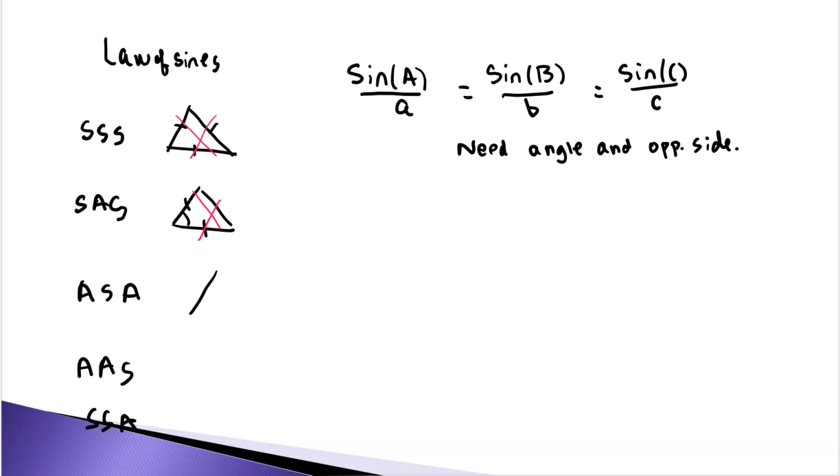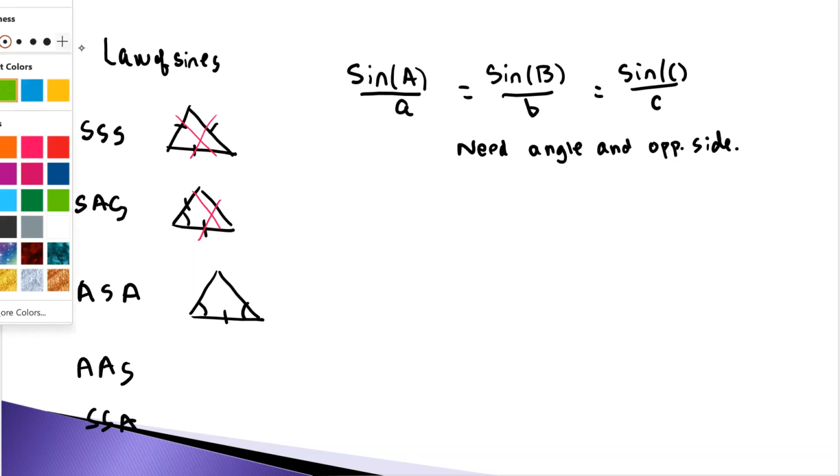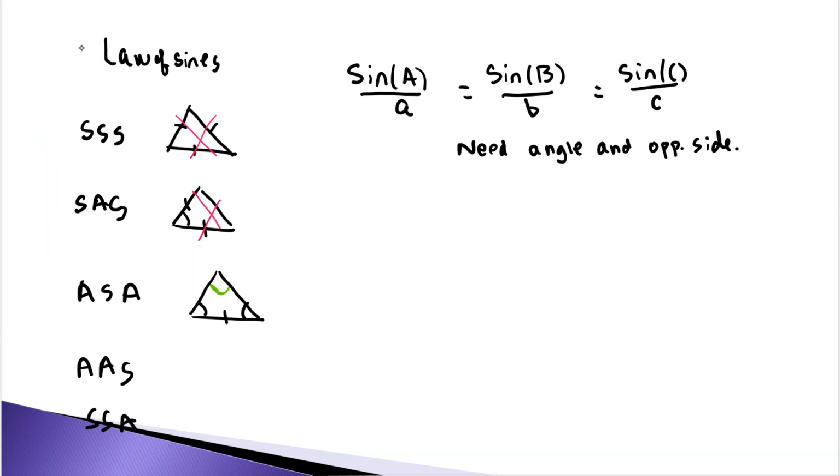If I have angle, side, angle, I don't have an angle and an opposite side, but I can find the third angle because I know that all the angles must add to 180 degrees.